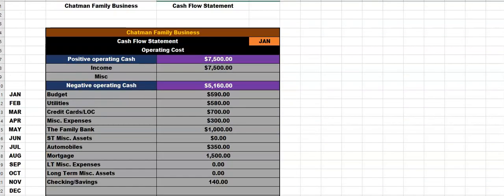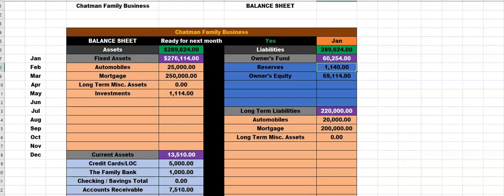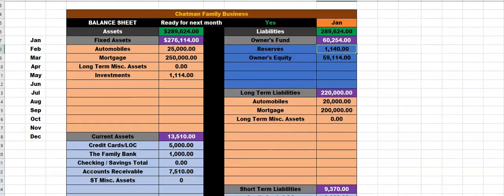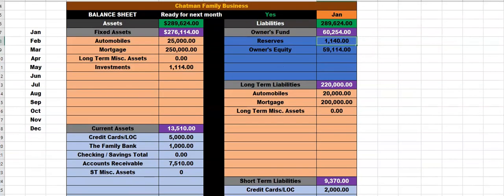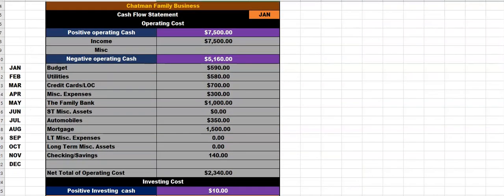So this cash flow statement tells a lot, and this is really one of the most important statements to look at. People always, like I said, wanted this in the last video, you want to see where this money is going. You can see, hey, they got a lot of assets, a lot of equity and reserves, but this is going to actually tell you, whoa, their budget is kind of high for their income.